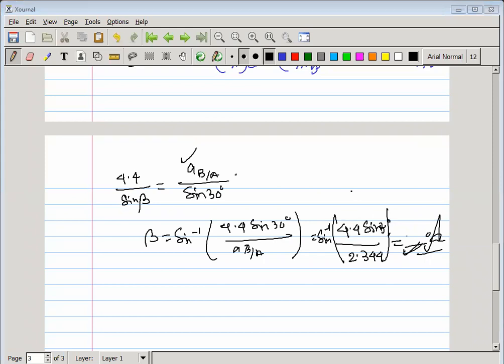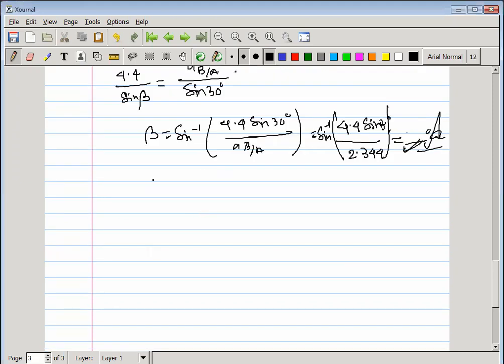See, okay, I can solve one problem on this. This is one problem. Another problem is, suppose a curvature is given, and the equation is given in the question, for example t square by 4.